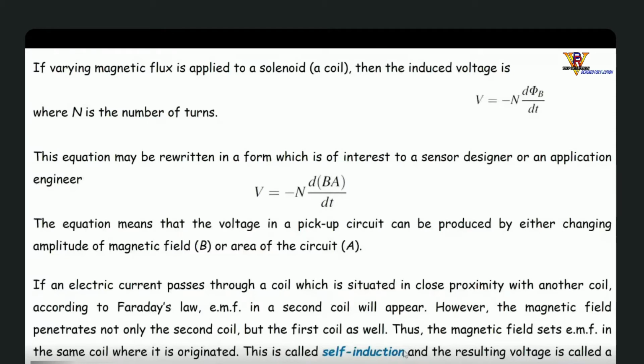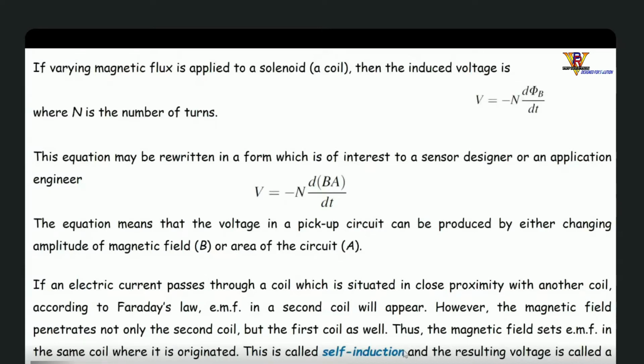This magnetic field penetrates the second coil, and not only the second coil, it will penetrate the first coil as well. So the magnetic field that penetrates the first coil sets up an EMF in the same coil itself, and this is called self-induction.